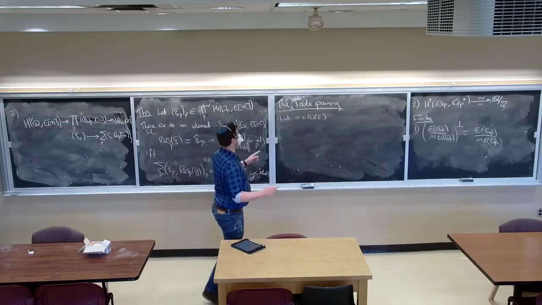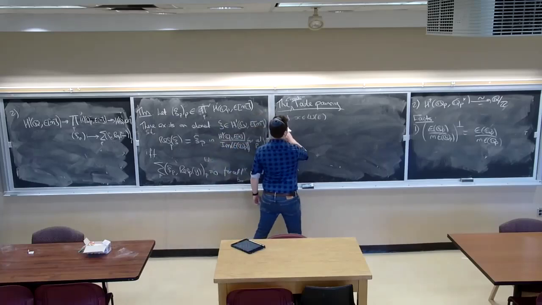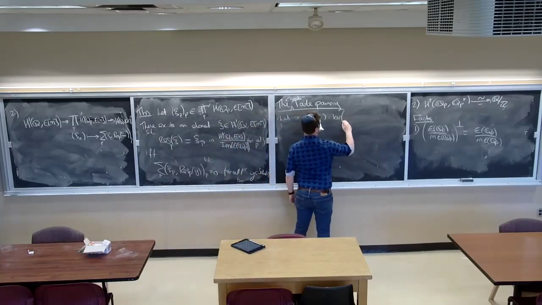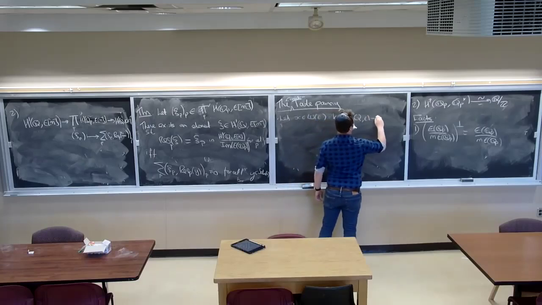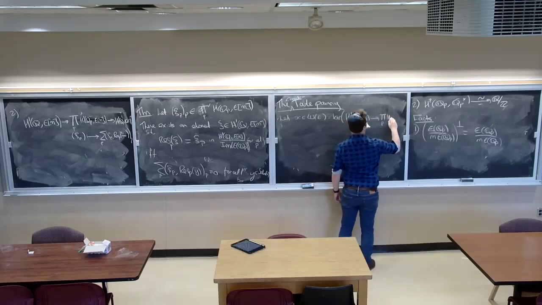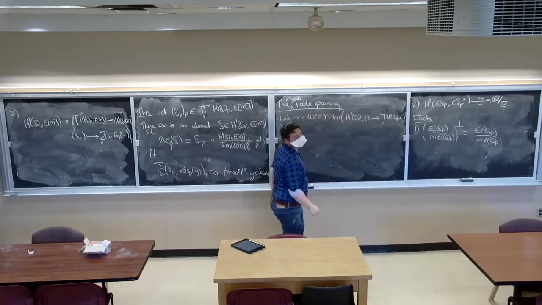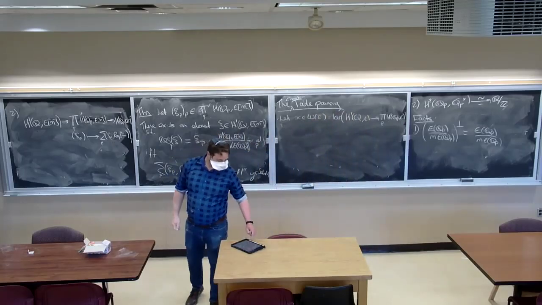Okay, let's just remind ourselves by definition. So what is the Tate-Shafarevich group? This is, by definition, the kernel from H1 Q, E to the product over all P of H1 Q_P, E. So in particular, I've chosen an element x that maps to 0.